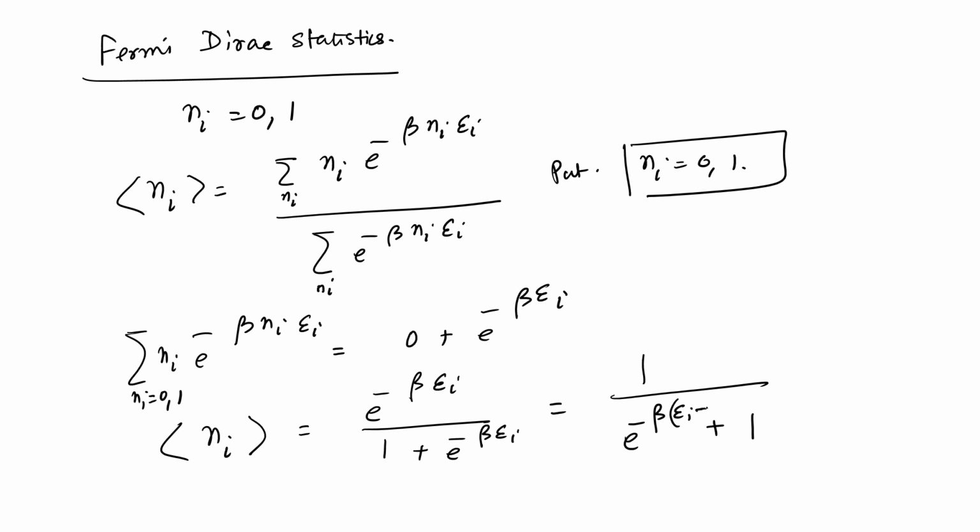So, we can just simply write it as mu, and this is put by hand.